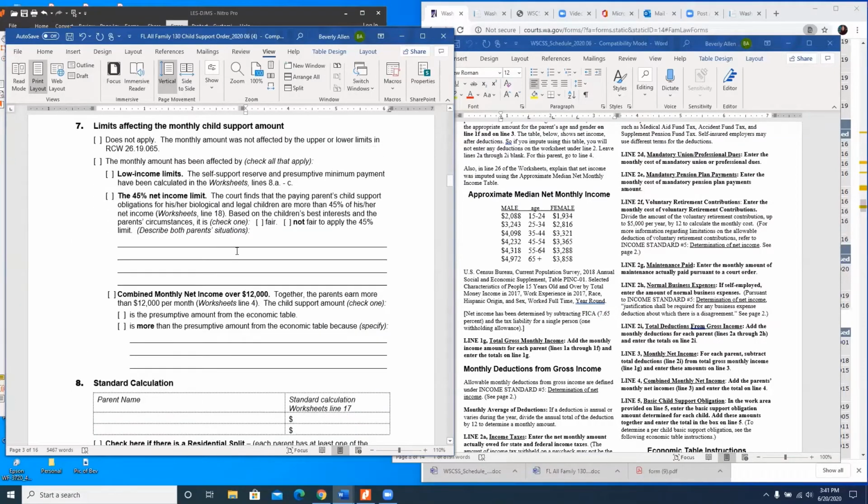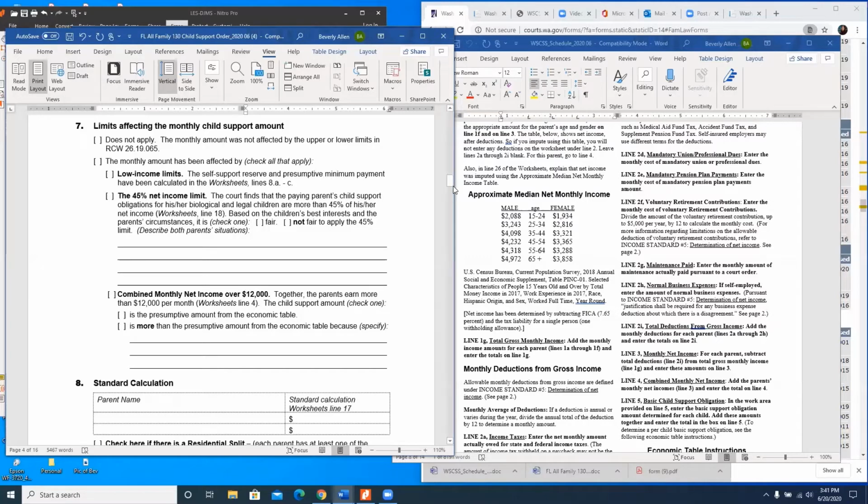Child support can be affected by upper and lower limits. I don't often see that, but for very low income individuals or very high income individuals, there may be a reason to deviate from the child support. It does explain where the statutes are to find that.